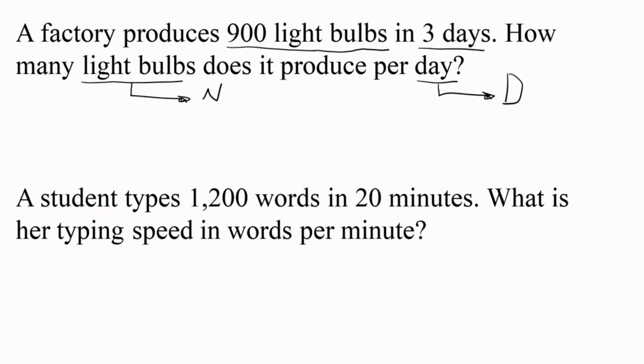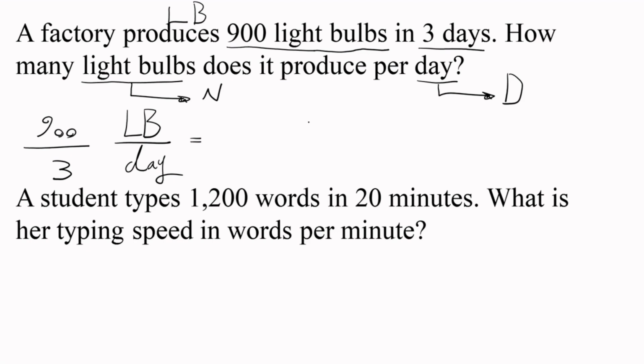Do I have the numerator? Yes, 900. So 900 and in 3 days. For light bulb, I'm going to write capital L and capital B. So capital L, capital B, and per day, I'm going to write day here.